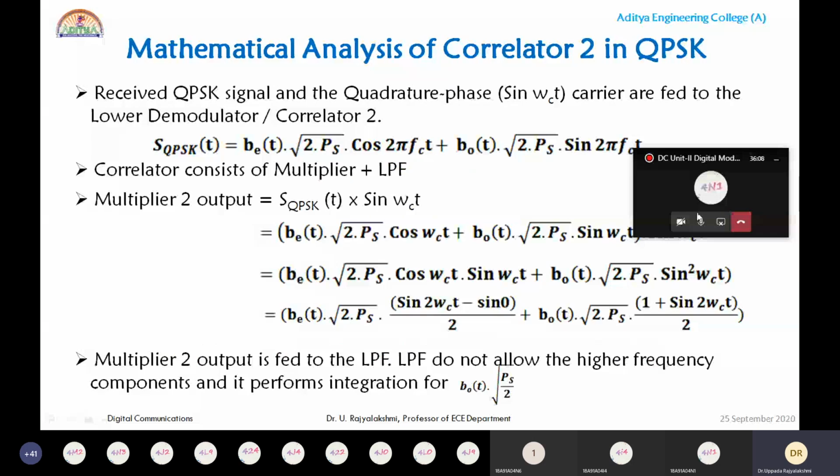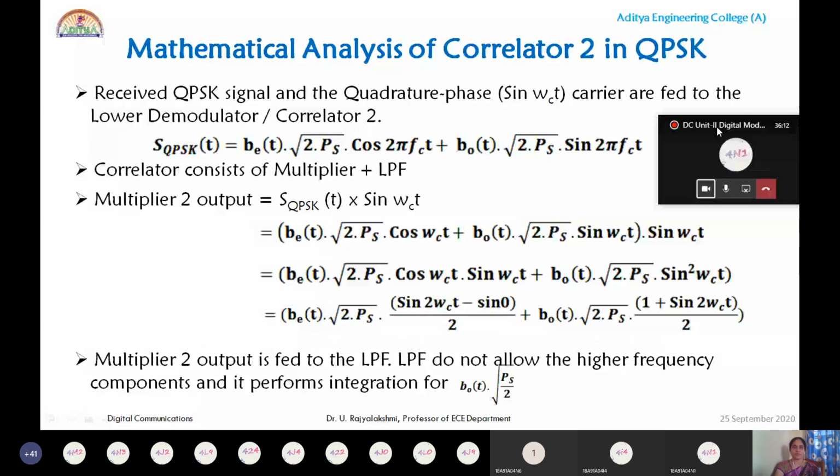Now please observe the mathematical analysis of correlator 2 in QPSK. Already I told you the same correlator 2 will also consist of a multiplier followed by a low pass filter. This multiplier will take the product of the QPSK signal and sin omega ct, where sin omega ct is the quadrature carrier.